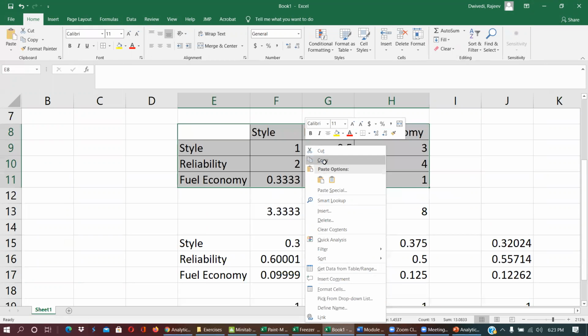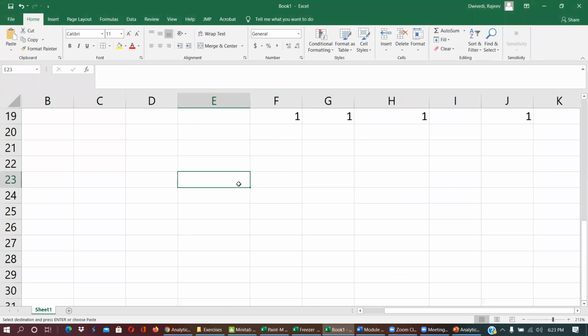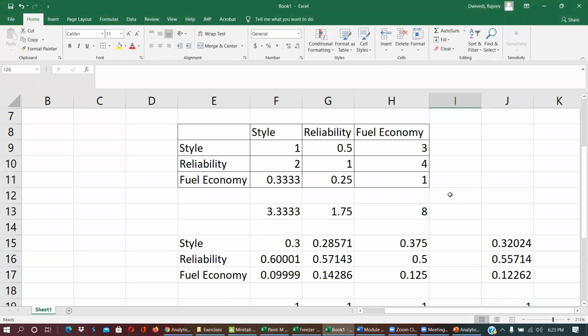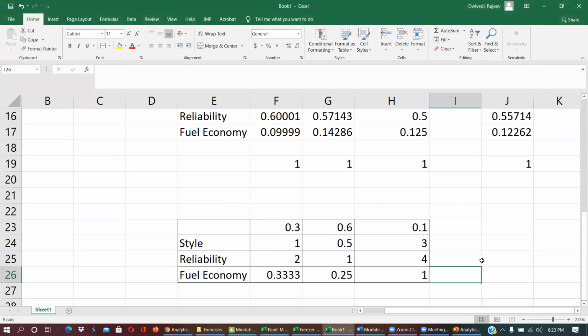I'm just copying this and putting it here. And now I have these weights, which I'm going to make 0.3, 0.6, and 0.1.